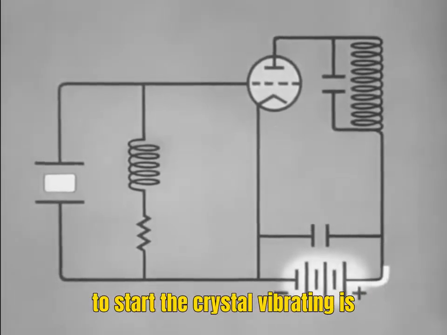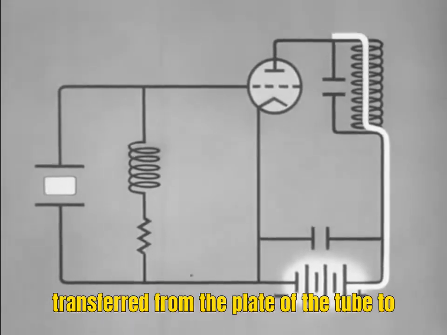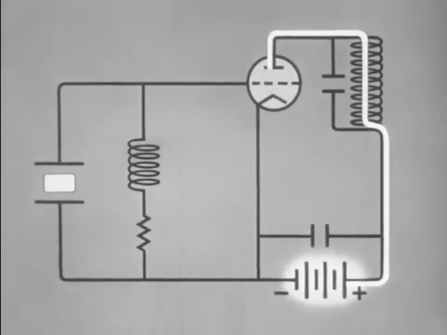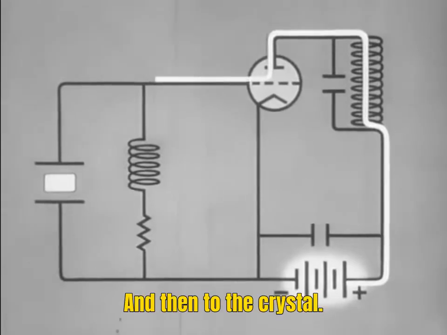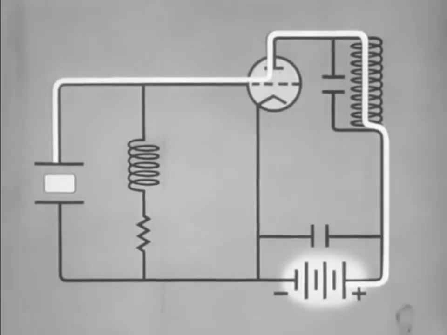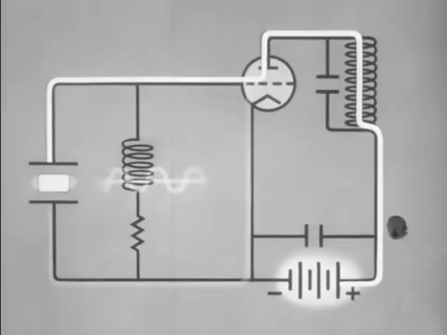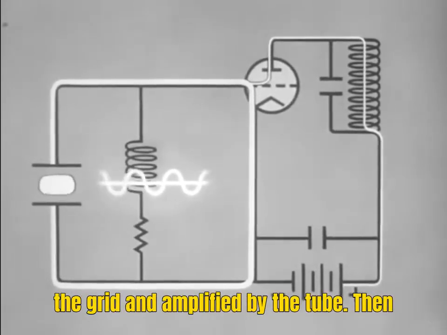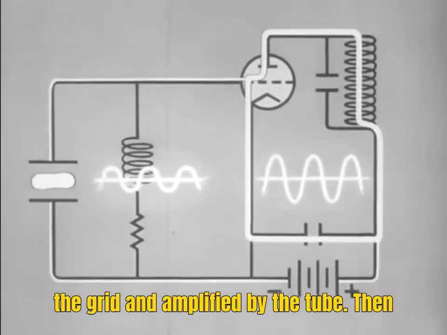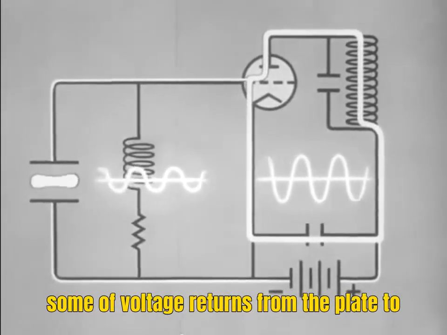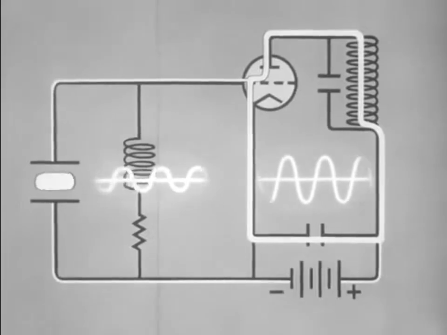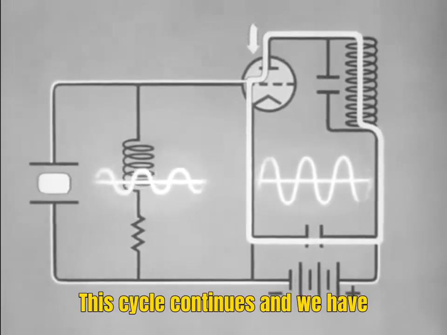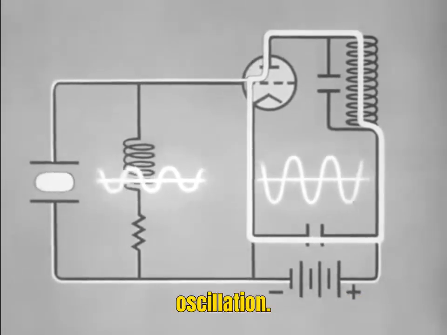The voltage required to start the crystal vibrating is transferred from the plate of the tube to the grid and then to the crystal. The resulting vibration of the crystal develops a voltage which is applied to the grid and amplified by the tube. Then some of the voltage returns from the plate to the grid as before. This cycle continues and we have oscillation.